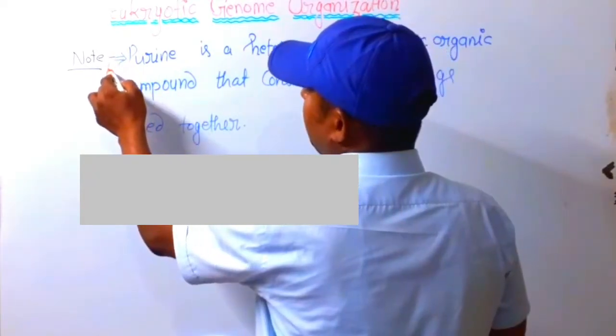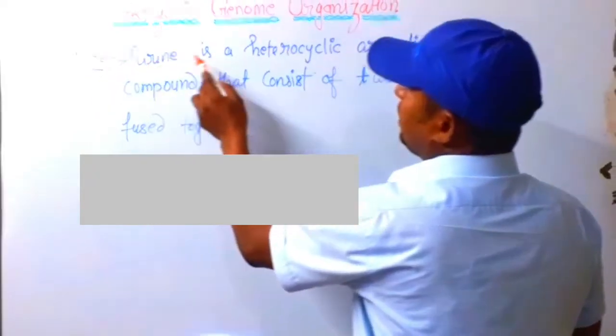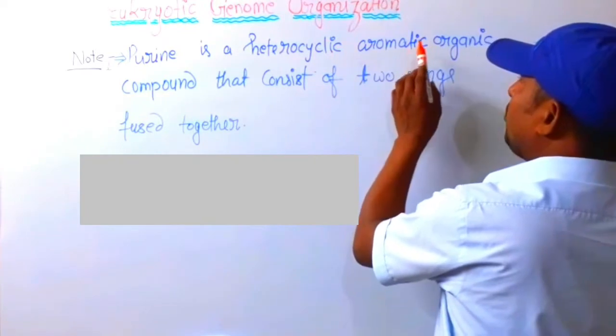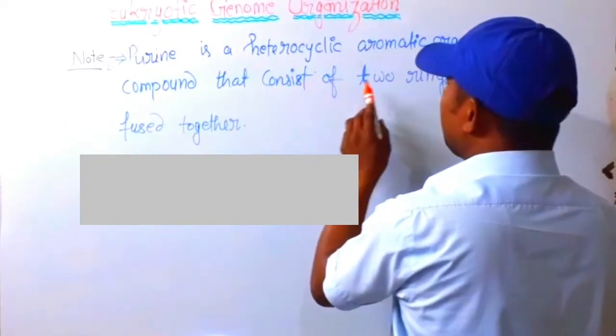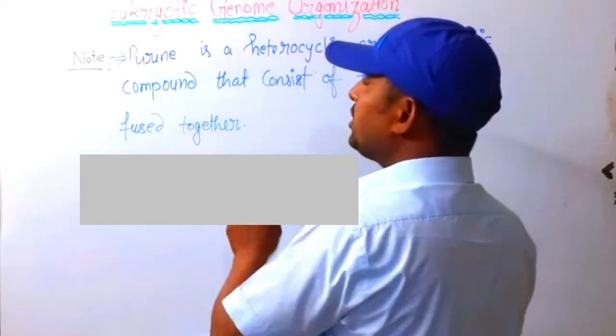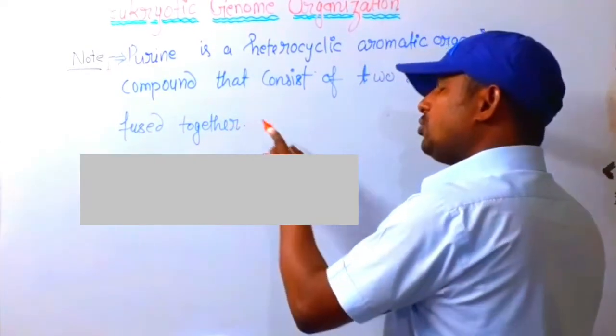Let's discuss a very short note about purine. Number 1, purine is a heterocyclic aromatic organic compound that consists of 2 rings fused together.